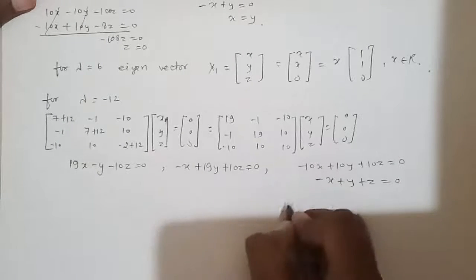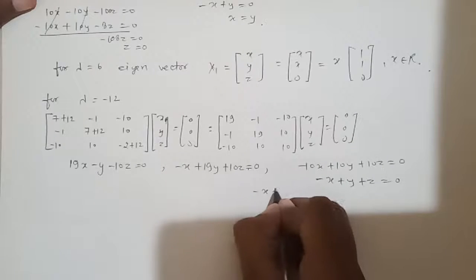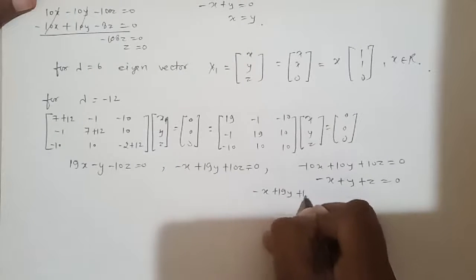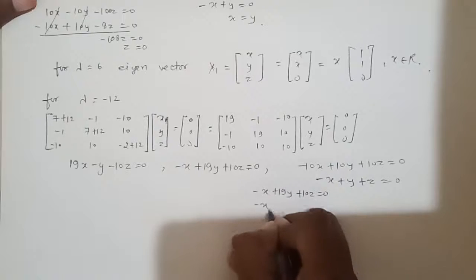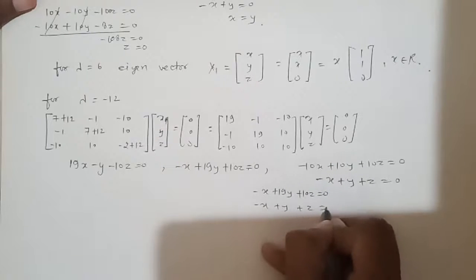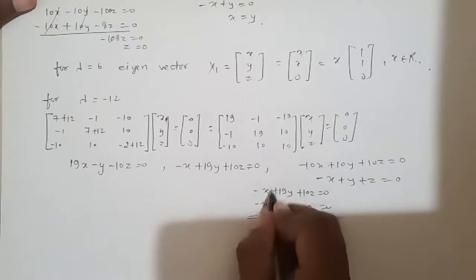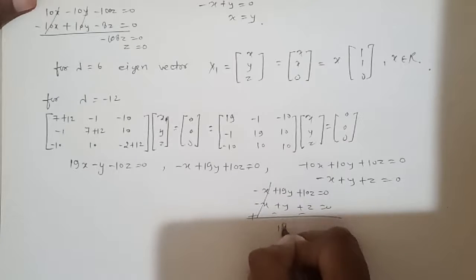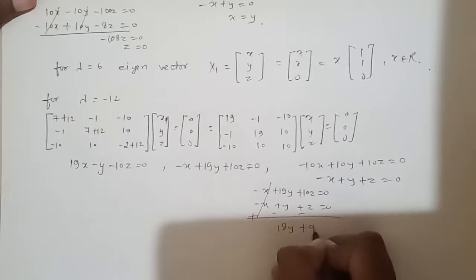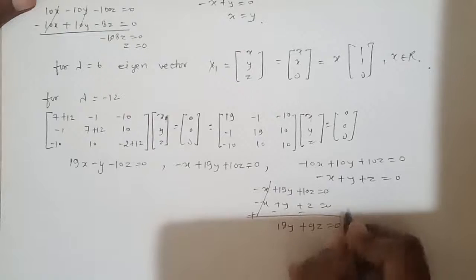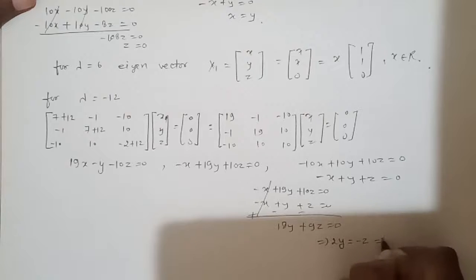On simplifying these two, minus x plus 19y plus 10z is equal to 0 and minus x plus y plus z is equal to 0, this implies 18y plus 9z is equal to 0, so z is equal to minus 2y.